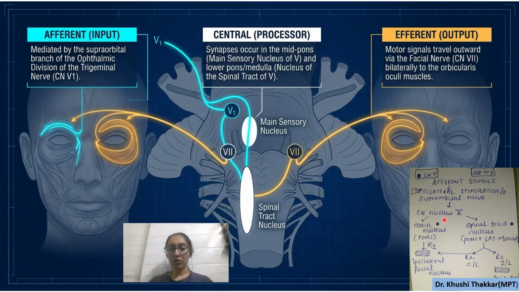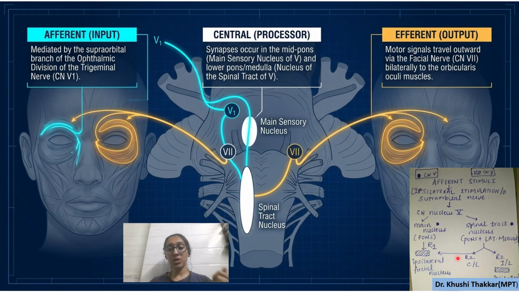Now from the pons, that is the main nucleus, the stimulus which comes out to the ipsilateral facial nerve is called R1. So ipsilateral trigeminal nerve, pons, and then ipsilateral facial nerve nucleus, that is your R1.